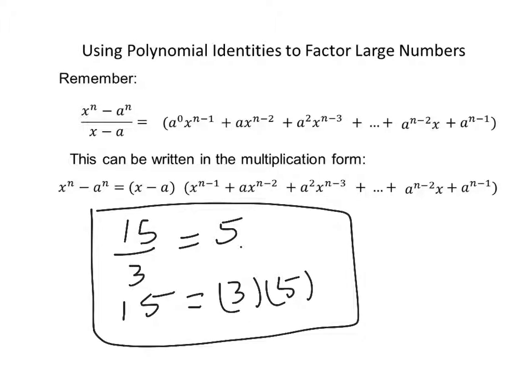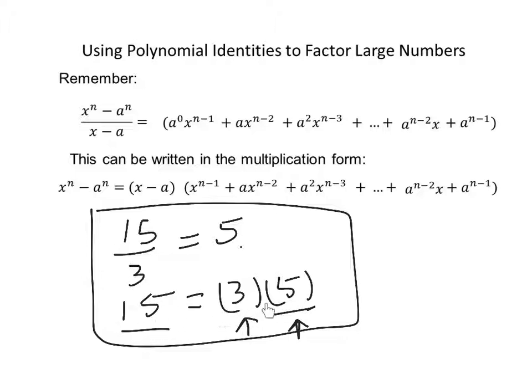All right, so now the other thing you need to recognize is that this 3 is a factor of 15, in the same way that 5 is also a factor of 15. So these two factors, 3 and 5, multiply to become 15, the product.